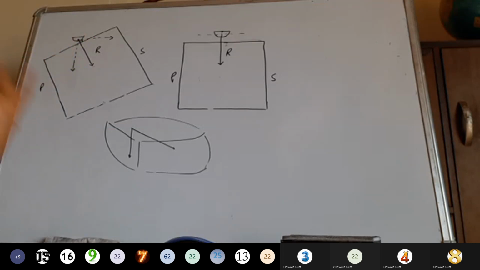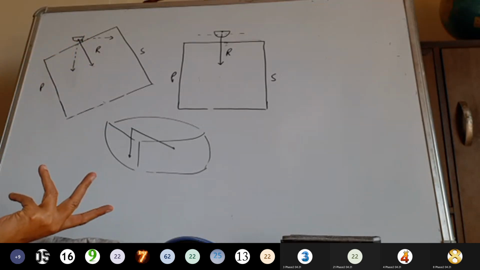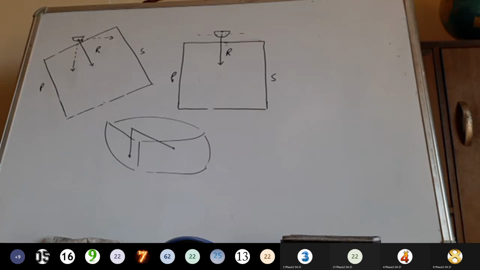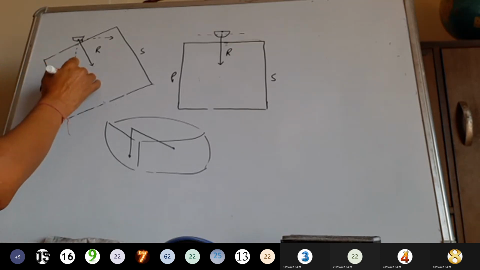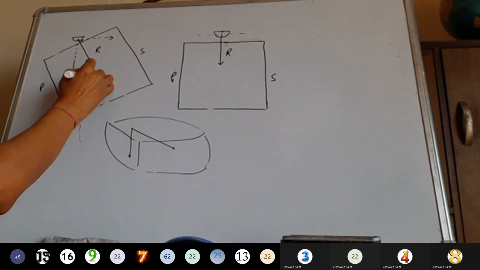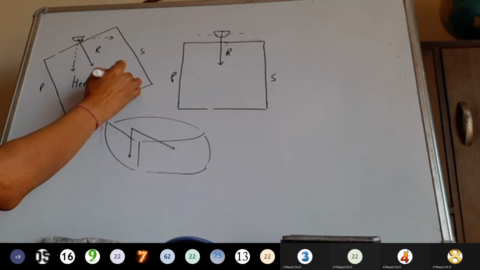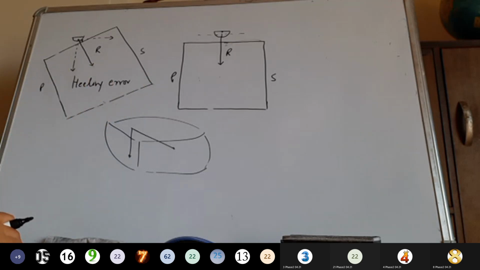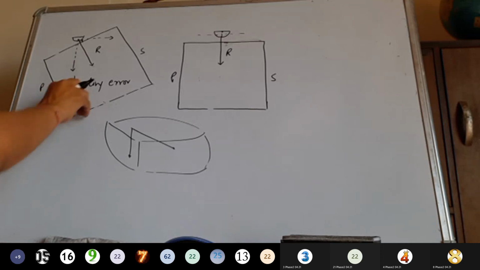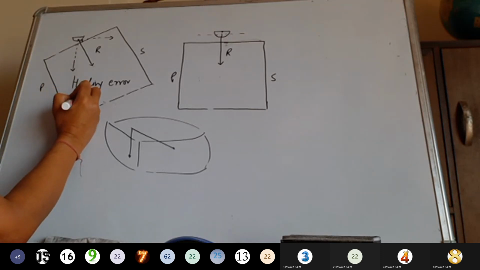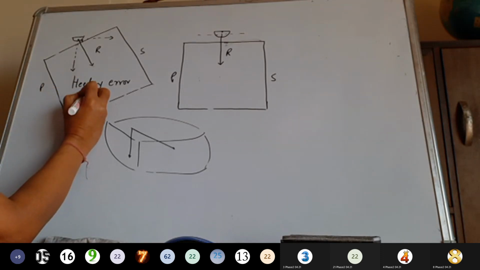What is this deflection called? This deflection is called heeling error, because it is happening during the heeling, when the ship is rolling. In this case, the heeling error will be easterly.